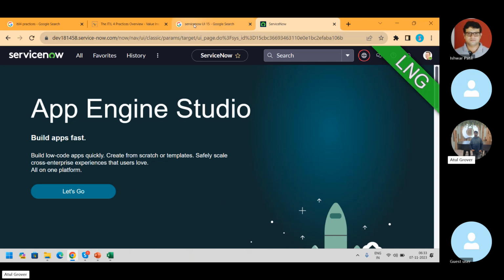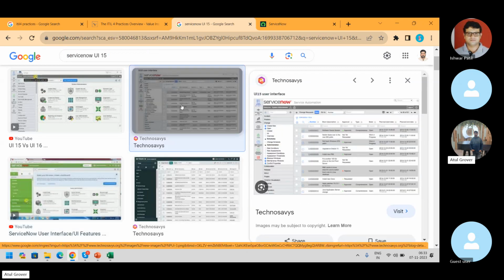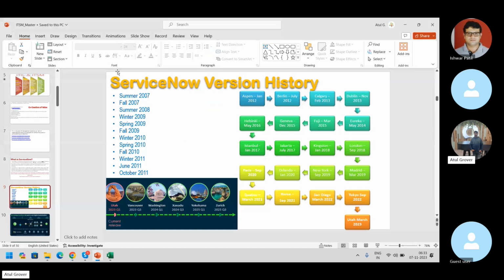I still have a few of my connections who are still using this old UI because they're comfortable with it. The only nice thing is that every product has a history, and this is the way they are moving from one to another. Now we are working on the Vancouver ServiceNow release, generative AI, where you can get written code from ServiceNow itself, no need to write the complete code by yourself.